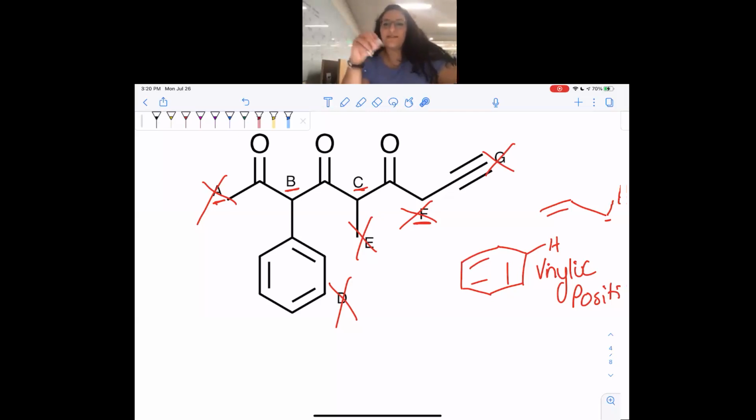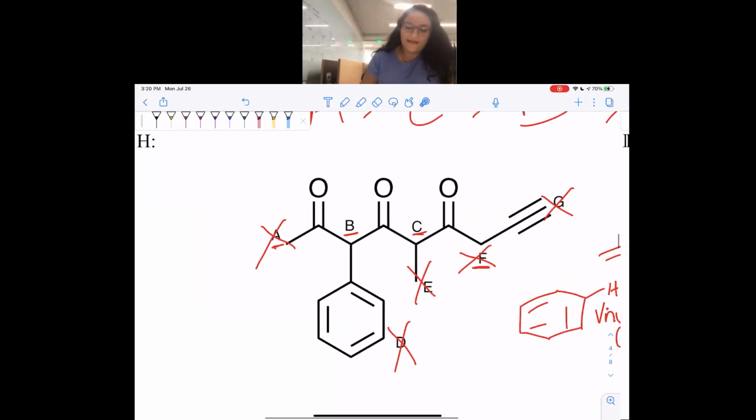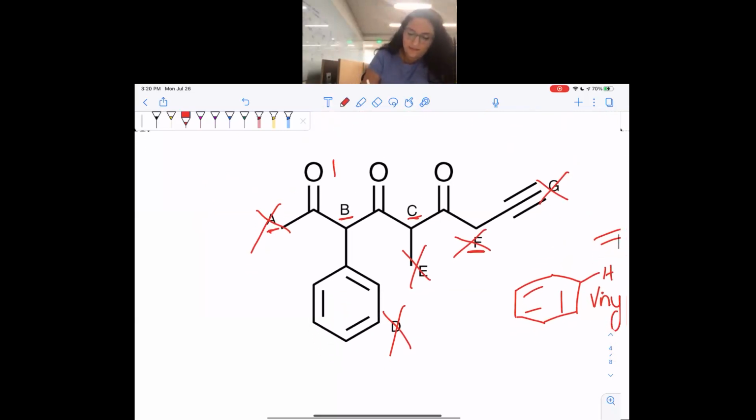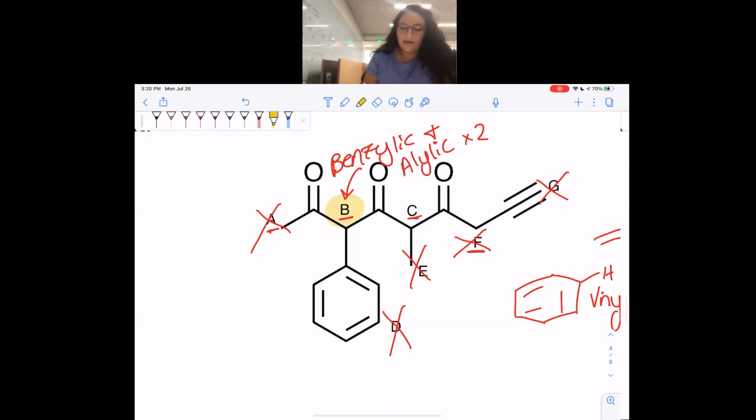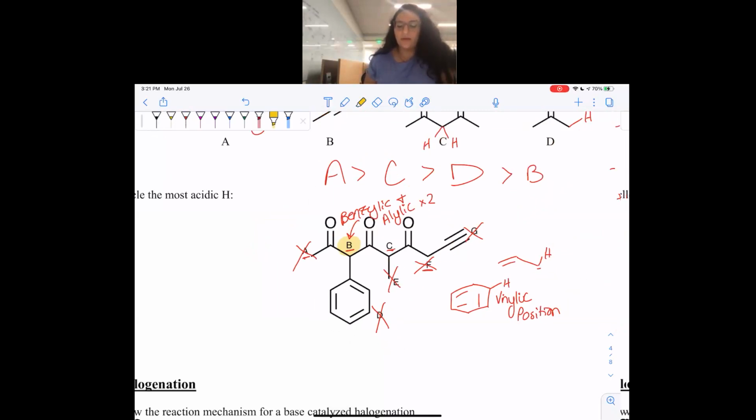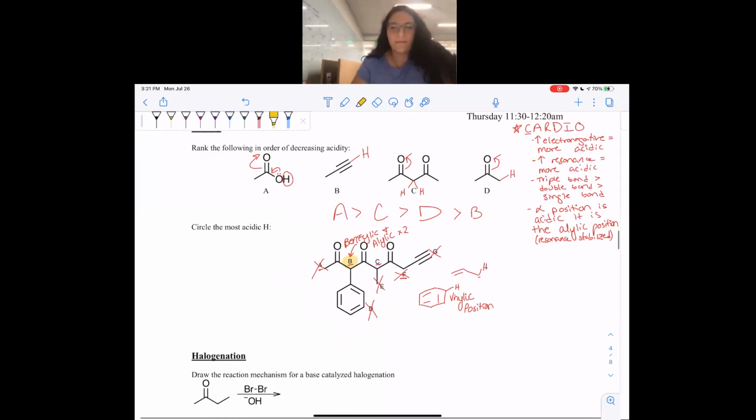Yes, so it's attached to the benzene, and so this is the benzylic position, plus allylic times 2. So this guy is stellar, and that is going to be our most acidic hydrogen.